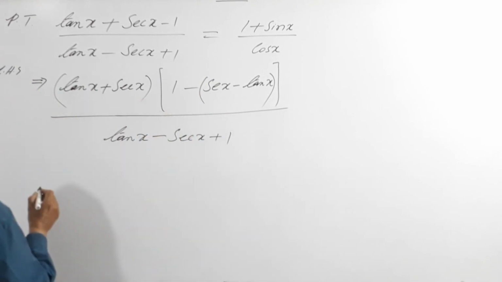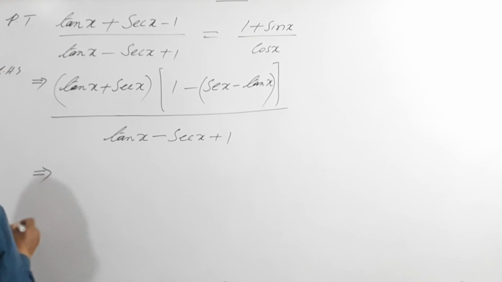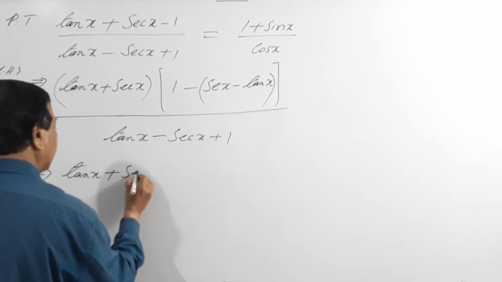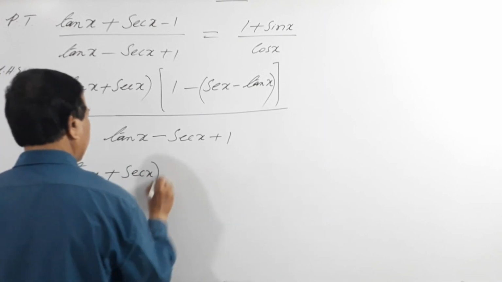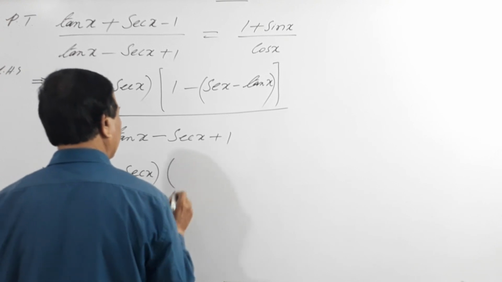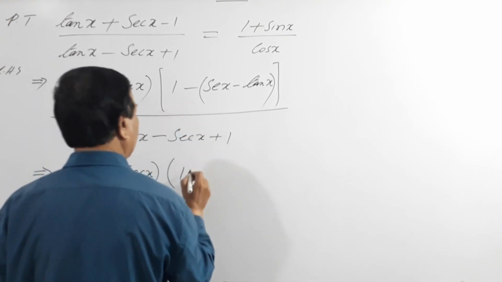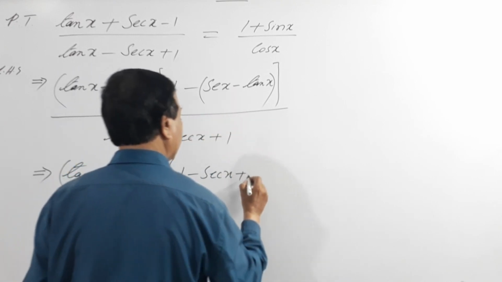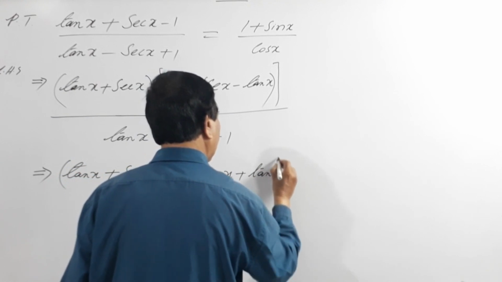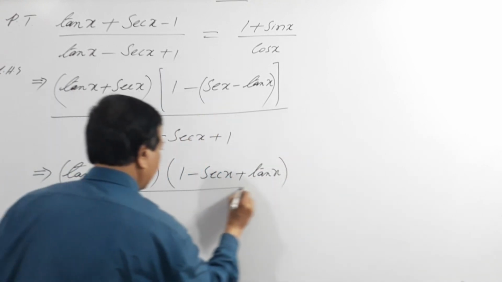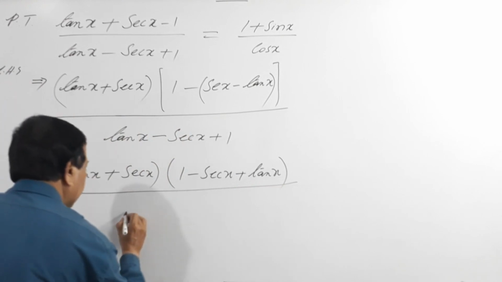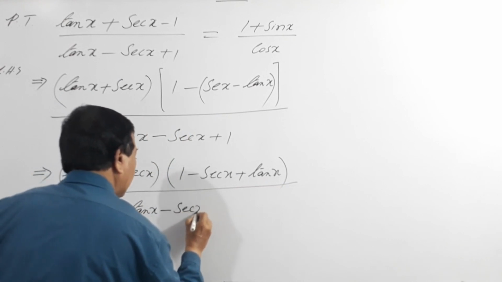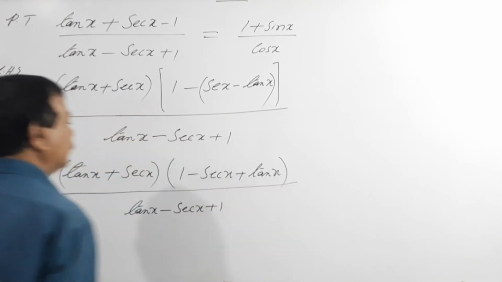So I'll simplify this. That is equals to tan x plus secant x into 1 minus, minus into minus plus tan x, divided by tan x minus secant x plus 1.